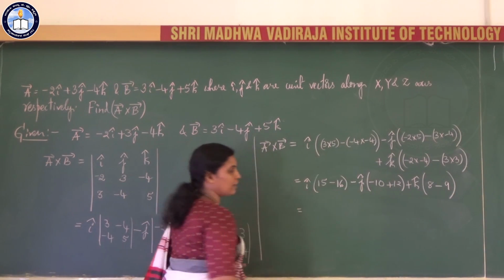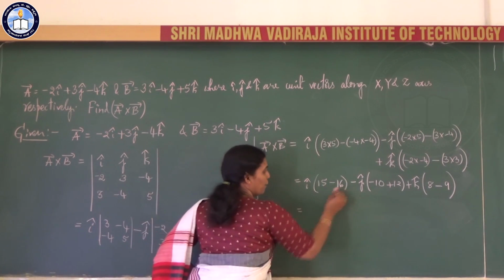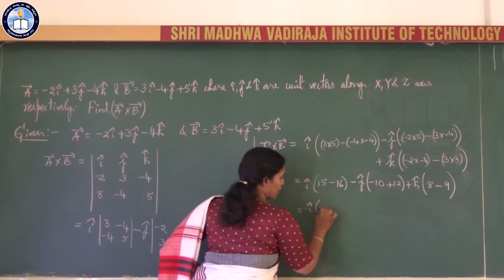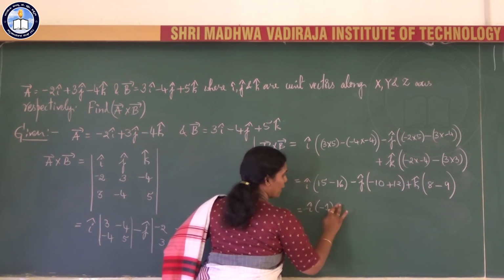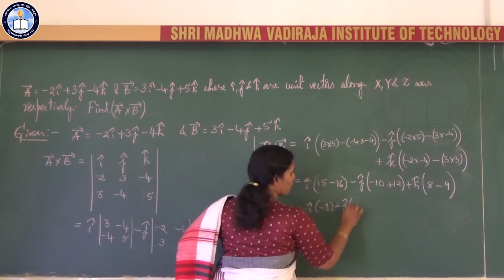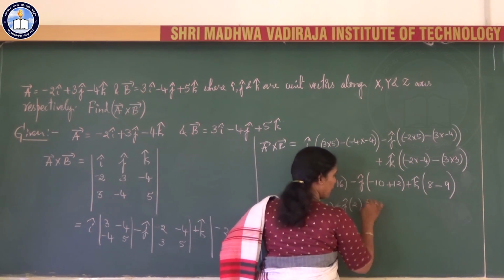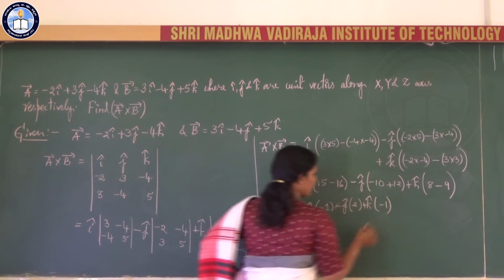Or I can finally write this as i cap into minus 1, minus j cap into 2, plus k cap into minus 1.